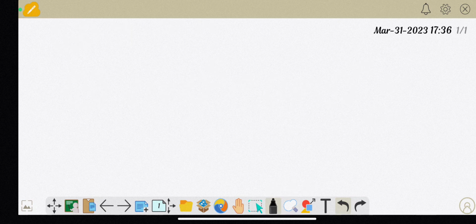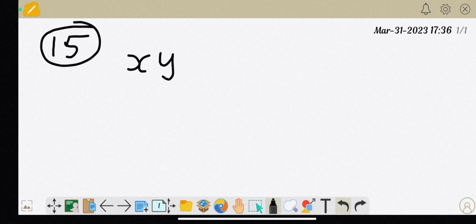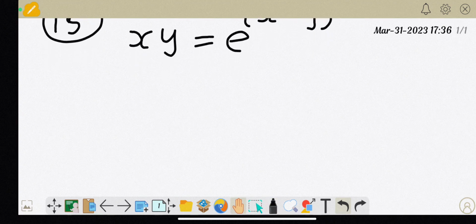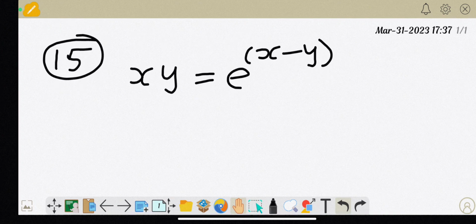So question number 15 I will take now. x y is equal to e to the power x minus y. So now what you have to do is apply log on both sides.